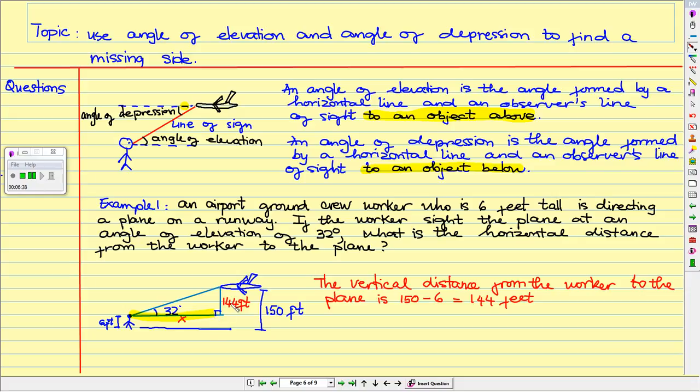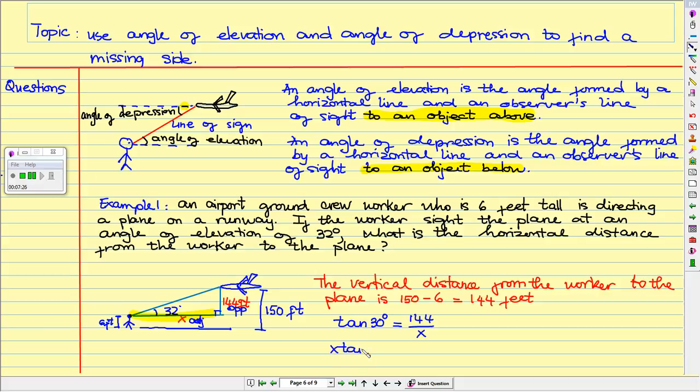Then we see that we know the opposite, and we need to find the adjacent. So we use the tangent. Tangent of 32 degrees is opposite divided by adjacent. Now we are going to multiply each side by x.